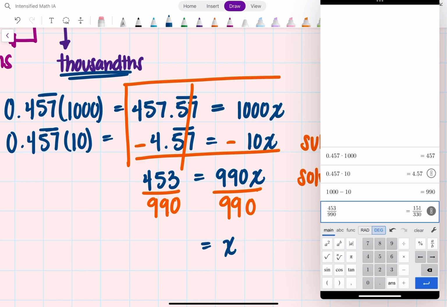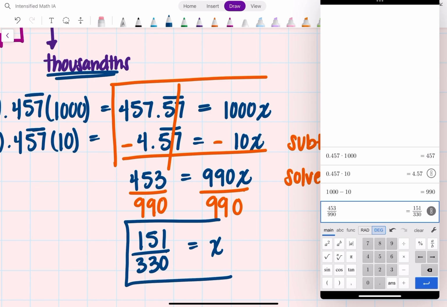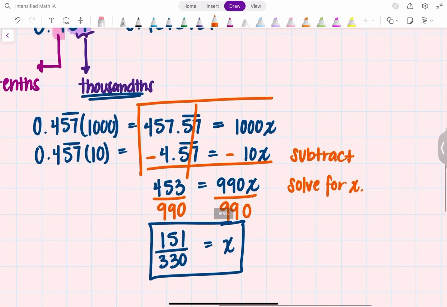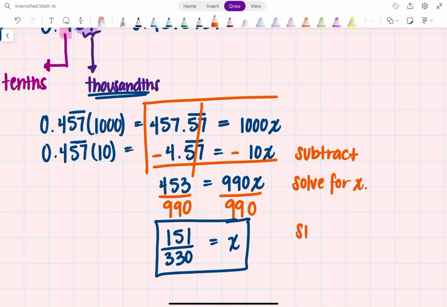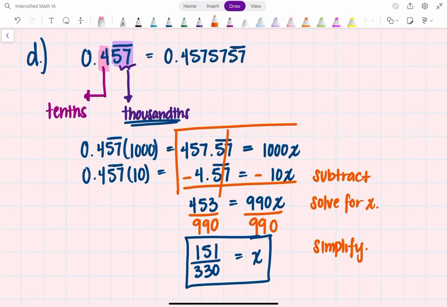The fraction actually simplifies to 151 over 330. So our solution would be this here in simplest form. So that is simplified, and that's our fraction to give us 0.457.